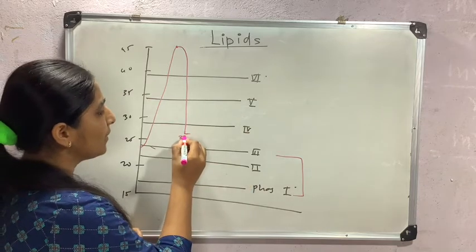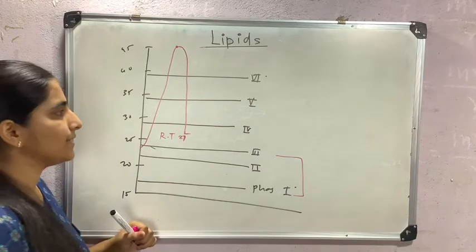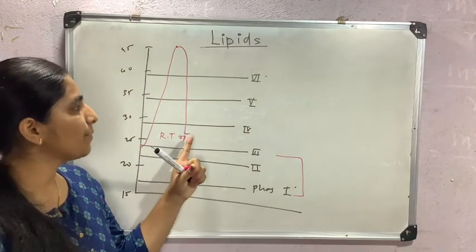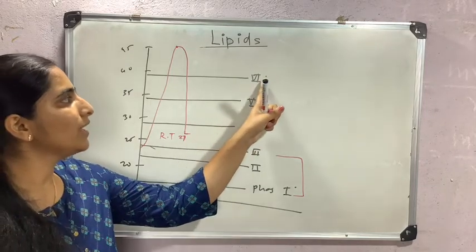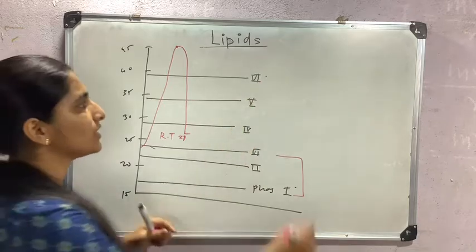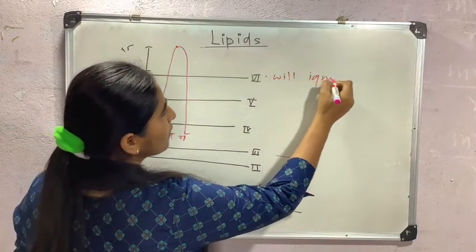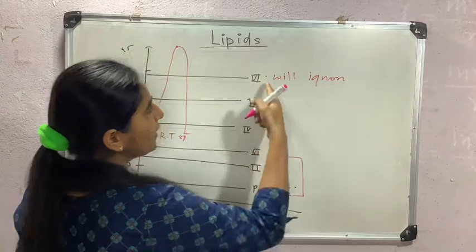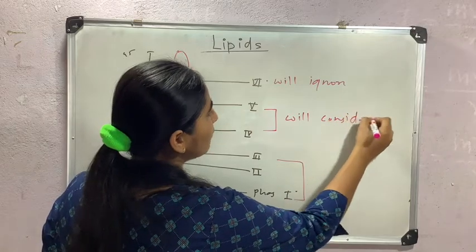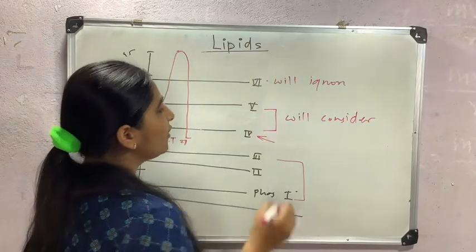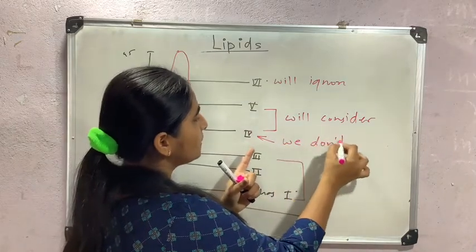At this stage, we will get a negligible amount of phase 6 crystals. Therefore, we will ignore phase 6. We will consider only phase 5 and phase 4. But we don't want phase 4 either.